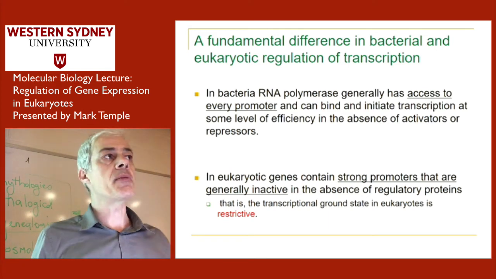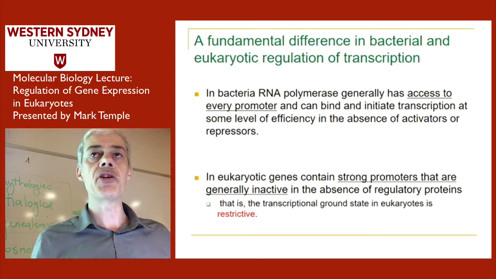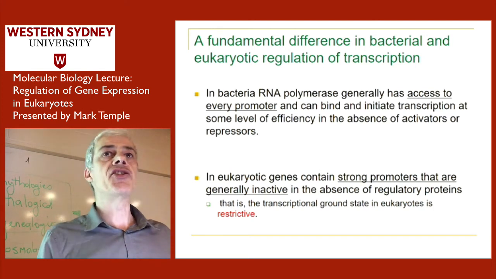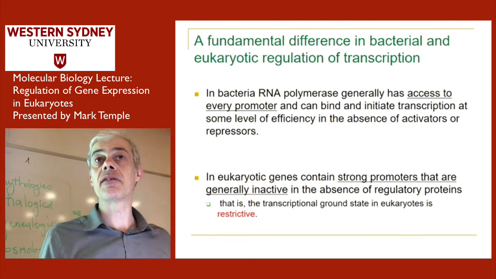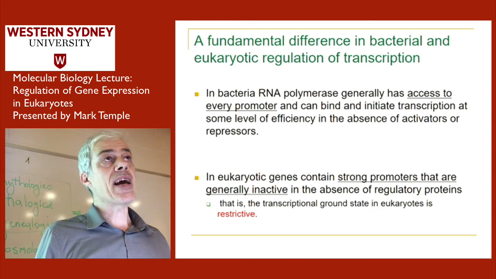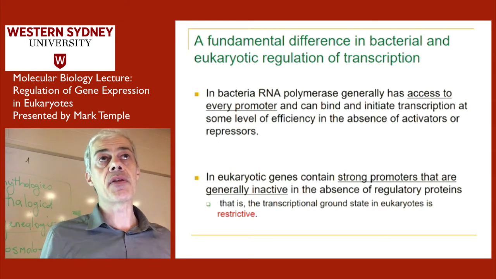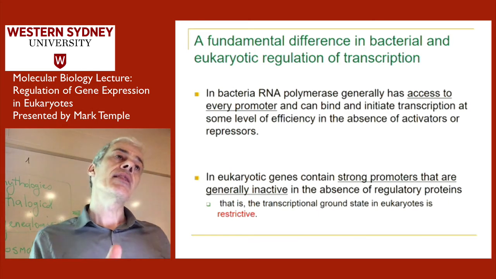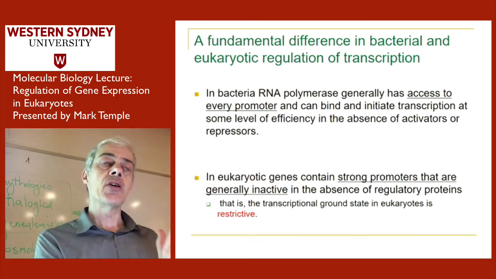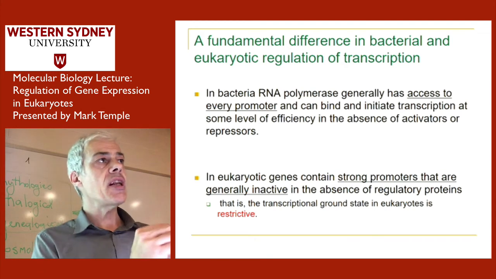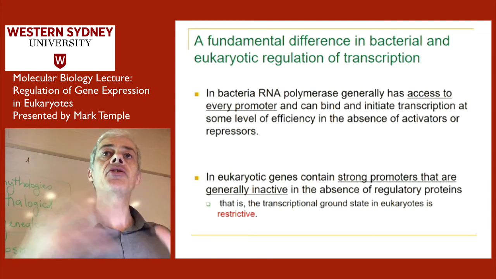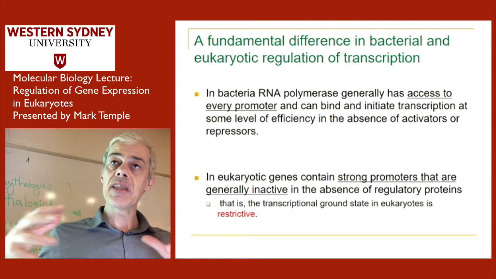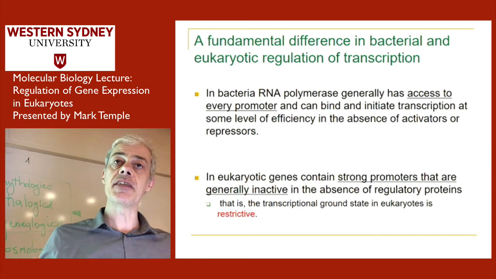The byline when I was an undergraduate student was that most of our DNA is junk, and buried in there were some genes, but we now have a much better understanding of the rest of the genome. What I'm trying to say is that going from a prokaryotic to a eukaryotic system is not a linear increase in the amount of DNA. It's a huge increase in the volume of DNA that the cell has to deal with.